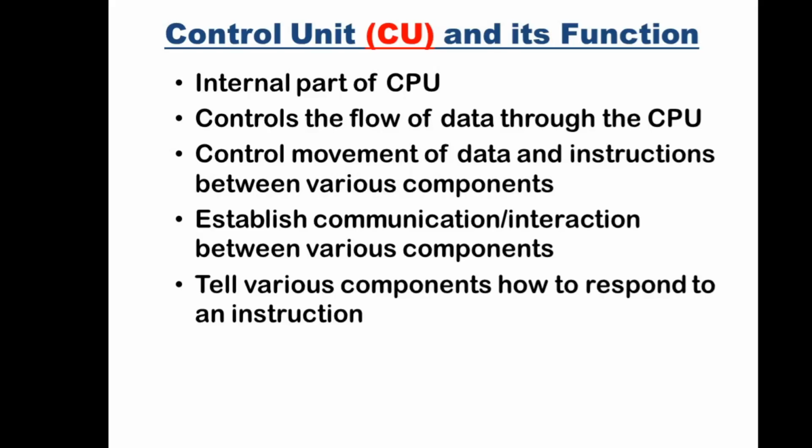It also tells the various components how to process or how to act upon or how to respond to an instruction. So basically, the control unit controls the overall flow of the data and the instruction inside the CPU.